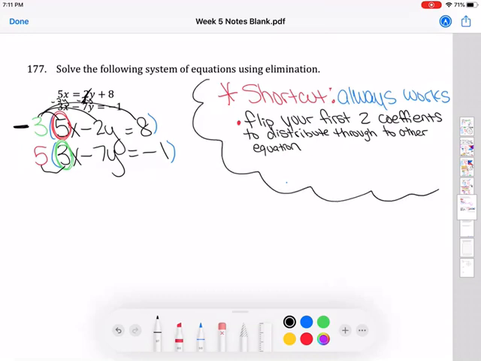So you're going to flip your first 2 coefficients, those numbers in front of x, to distribute through to your other equation. And then you want to also make sure one is made negative.